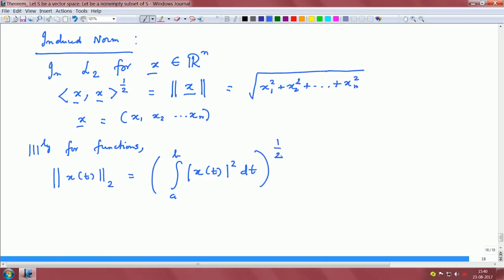So, this is basically the induced norm. So, this is basically giving you a metric of the inner product of a vector with itself or a function with itself.